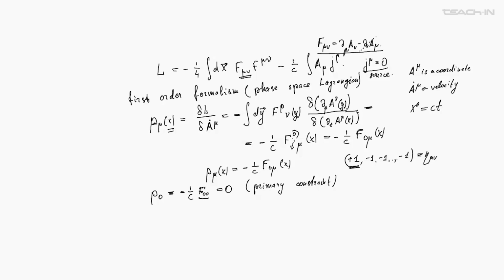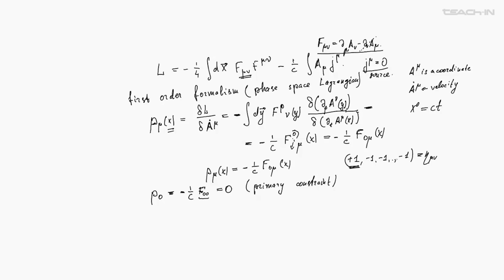It's just a property of the electromagnetic tensor to be skew symmetric. And such constraints, which just follow from the definition of the canonical momentum without using equations of motion, according to Dirac classification, are called primary.